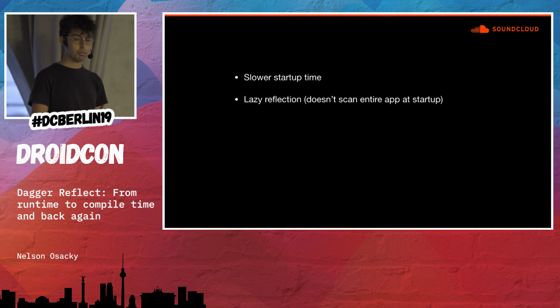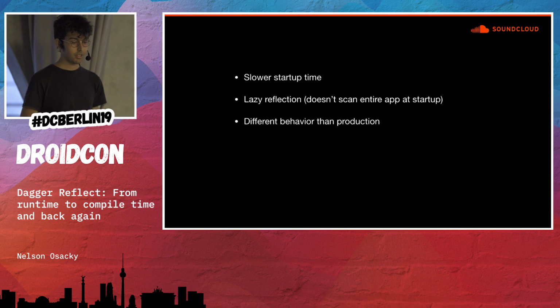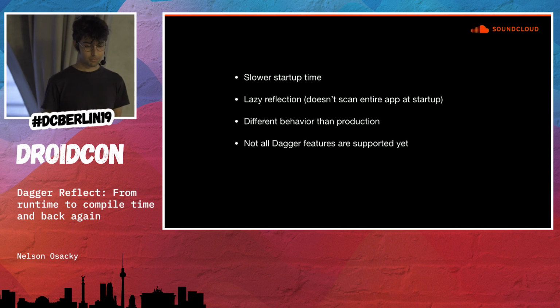So you could have broken pieces of your object graph at startup and the app would still work until you reach that broken point. You're going to have different behavior than your production app if you're using Dagger Reflect for local builds, just something to be aware of. And also not all Dagger features are supported yet, but the project is very quickly moving forward to support all those things.